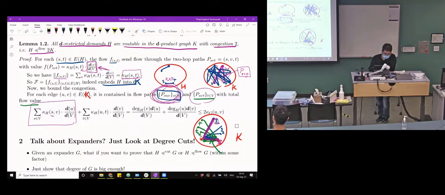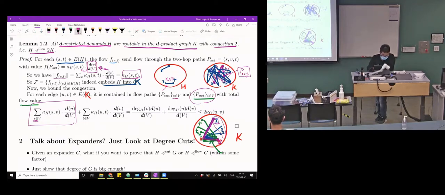Well, it's always like this demand, right? Then you scale by du over dv. Now you sum this thing over all S, you range over all S here.